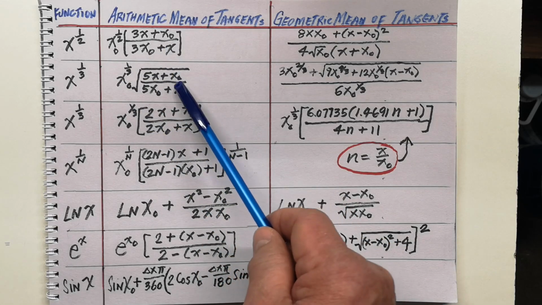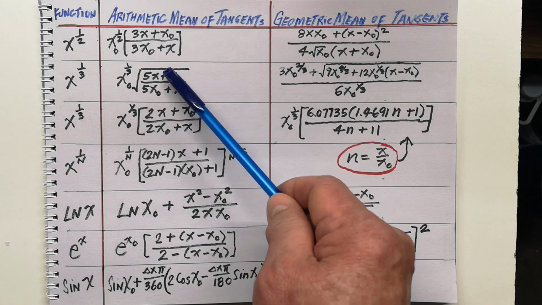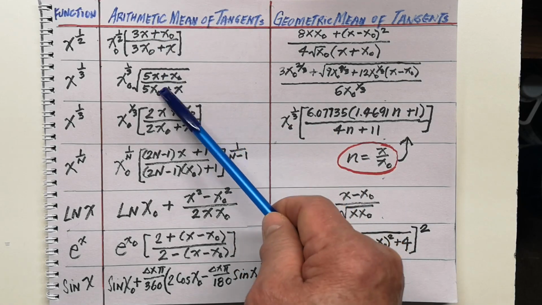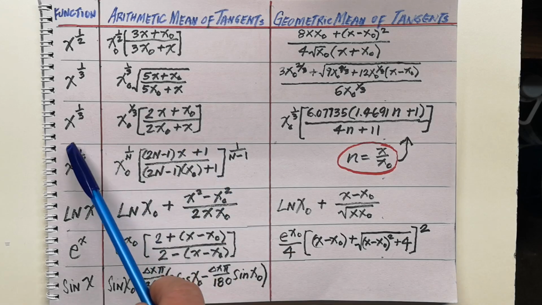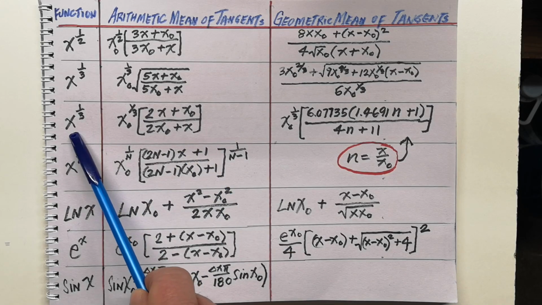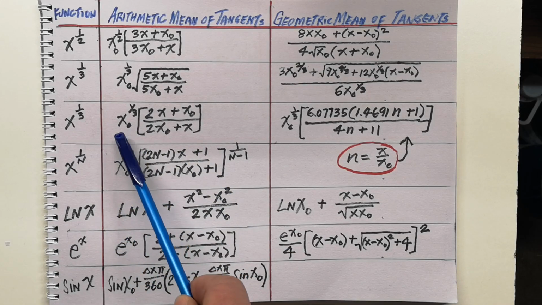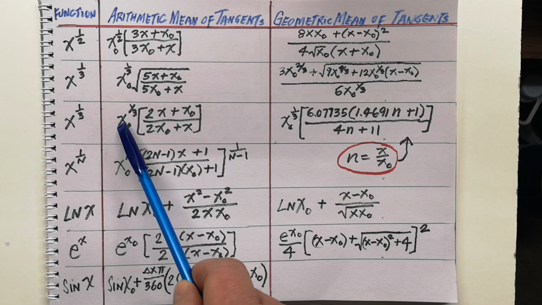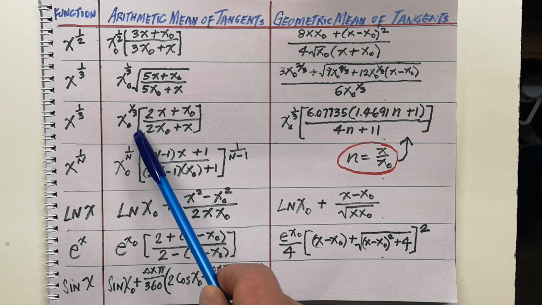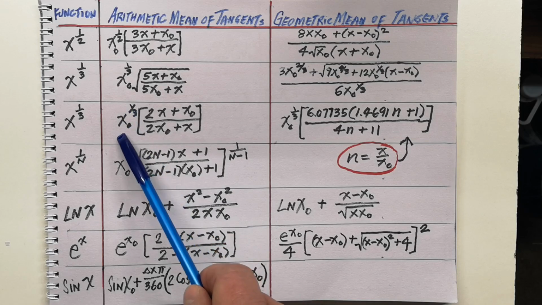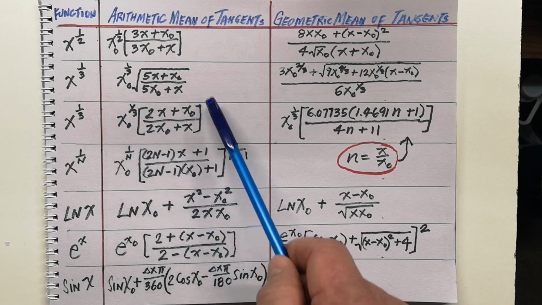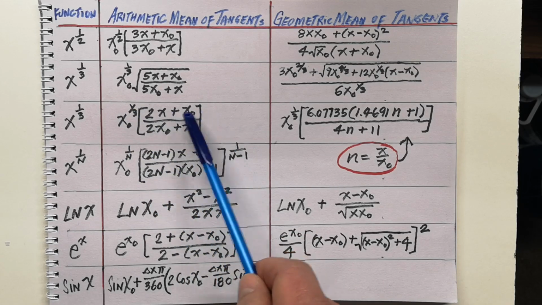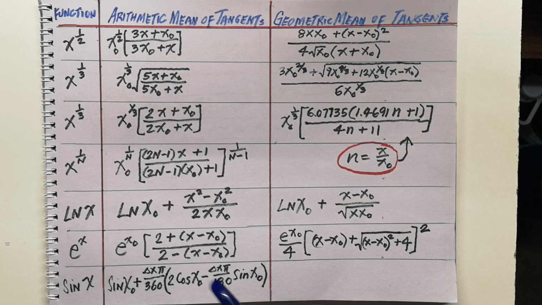Subsequently, using this to modify this one, we can get the cube root of x approximately equal to the cube root of x of 0 multiplied by the quantity 2x plus xo divided by 2xo plus x.